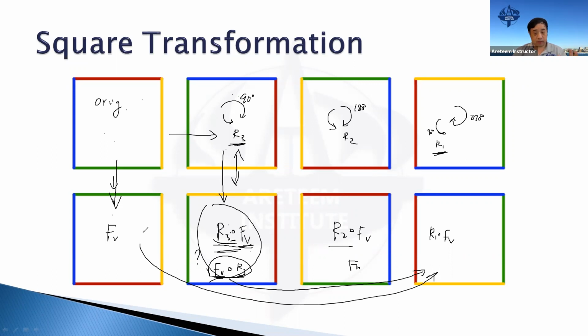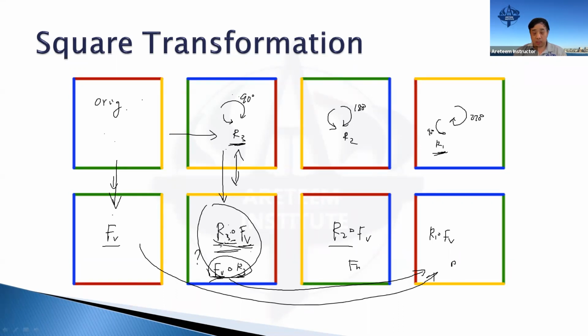Think carefully. Because I put the colors there, you can see how it rotates. The reflection FV comes first, and then you rotate clockwise 90 degrees, and you end up here.